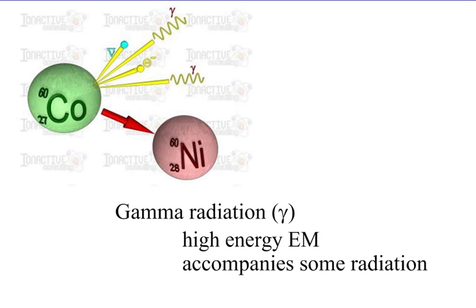While alpha particles can be stopped by as little as a piece of paper, and beta, positive and negative, can both be stopped by as much as a cinder block, or as little as a sheet of lead, gamma radiation and gamma rays can only be blocked by thick layers of concrete and water. And so gamma radiation is the most dangerous.